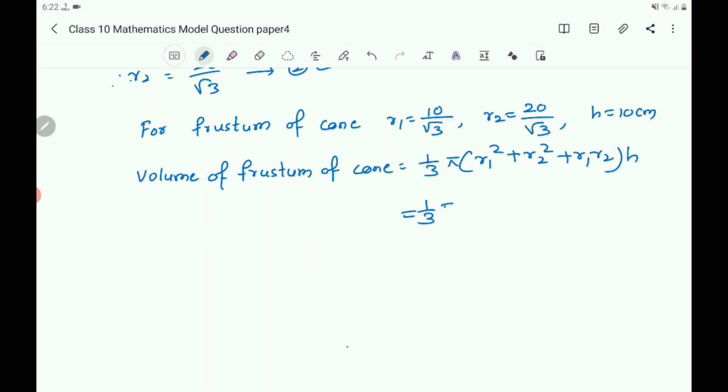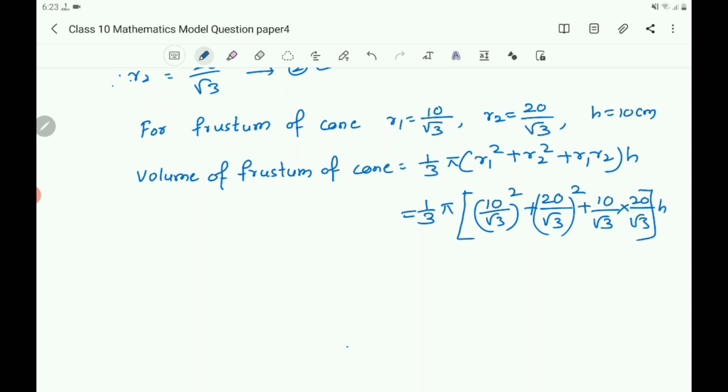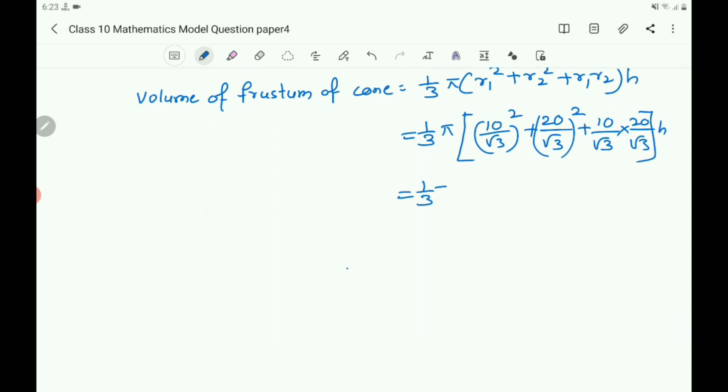That equals 1 by 3 pi, R1 square is 10 by root 3 whole square plus R2 square is 20 by root 3 whole square plus 10 by root 3 into 20 by root 3, into H. That equals 1 by 3 pi into 100 by 3, since 10 by root 3 whole square is 100 by 3, plus 20 by root 3 whole square is 400 by 3, plus 10 into 20 is 200 by 3, into H. H you must write here only. H is how much? 10.